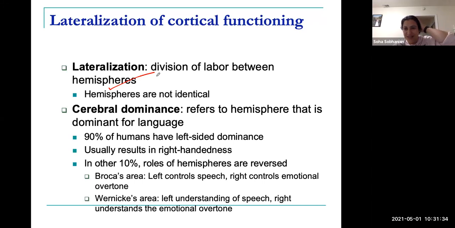So your left hemisphere is the dominant one. So for 90% of the people, the left side controls your speech, the right side controls the emotional overtone. In Wernicke's area, the left side again controls your speech understanding, and the right side is understanding the emotional overtone.